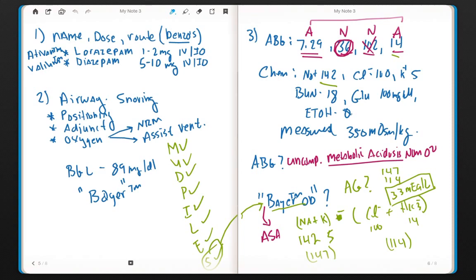The osmolal gap is just the difference between the measured and the calculated serum osmolality. Here I have the measured serum osmolality of 350 milliosmoles per kilogram.